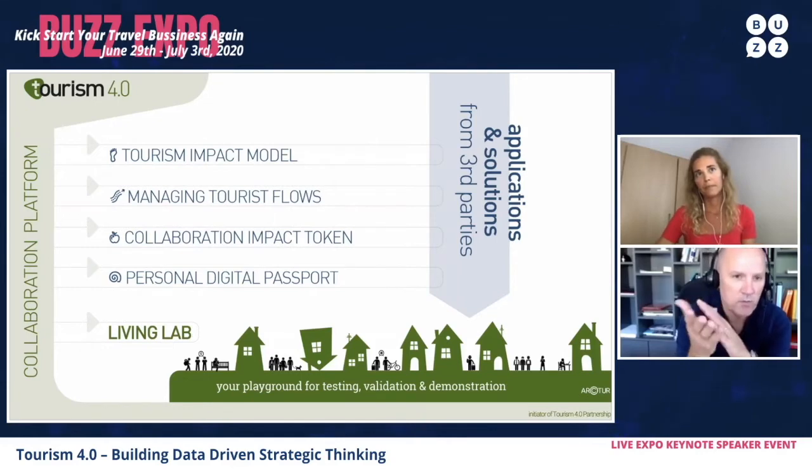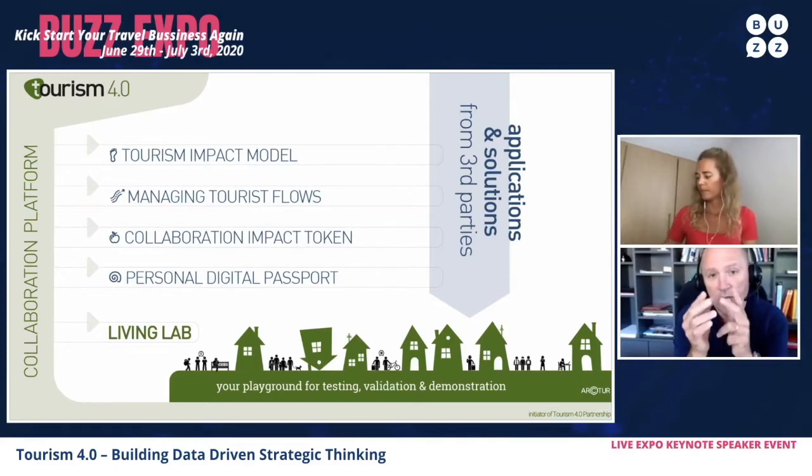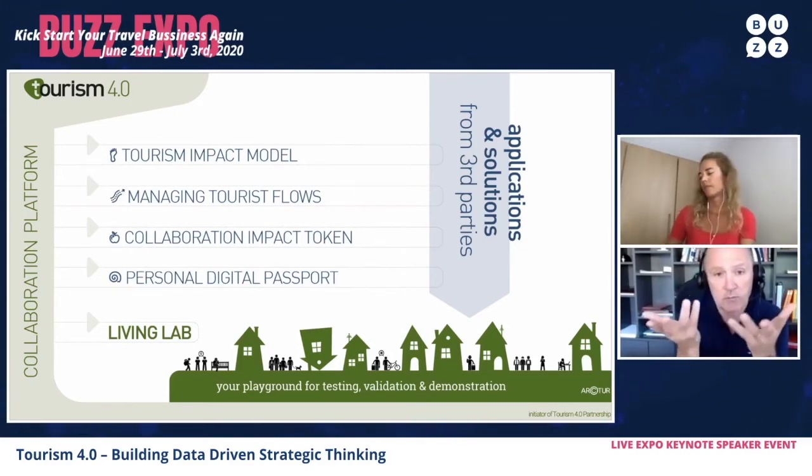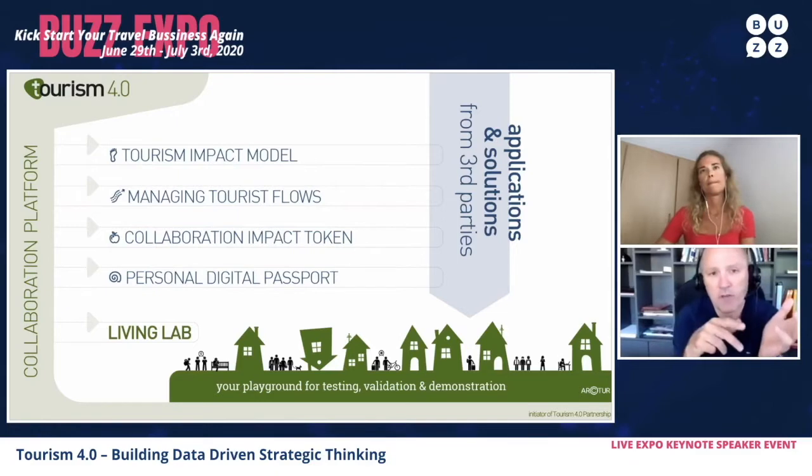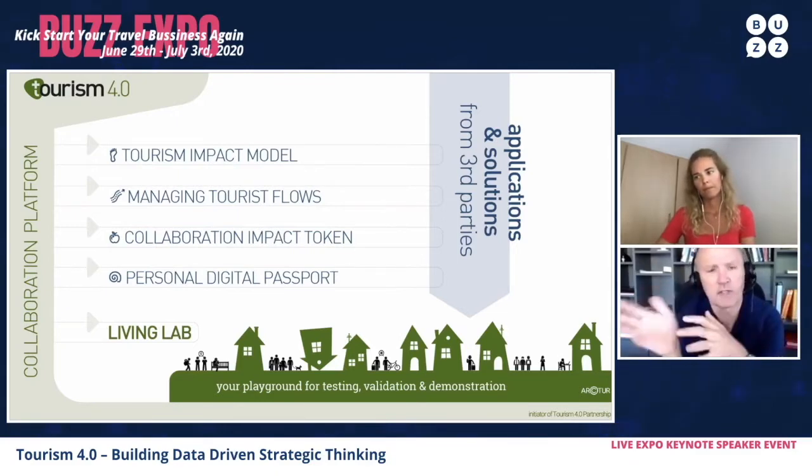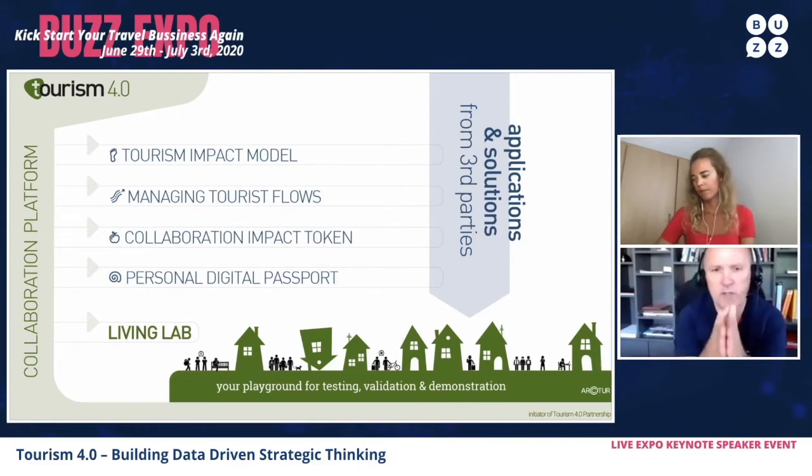And of course, very connected is also tourist flows: first, how to measure tourist flows, how to analyze tourist flows, and then of course, how to predict the flows in the future. This is again a bunch of technology behind, and we are always combining various data sets. It's never just one data set.